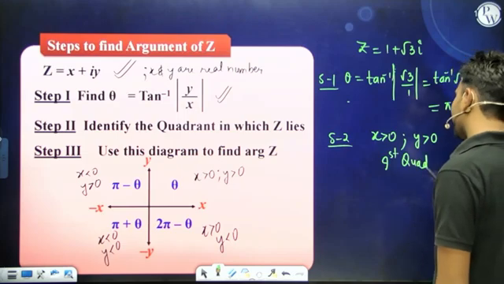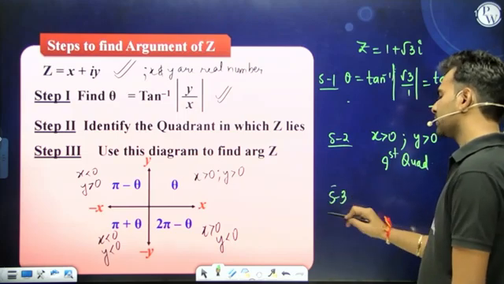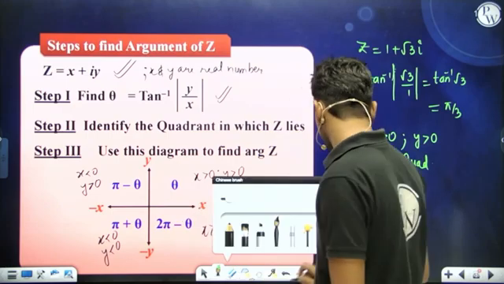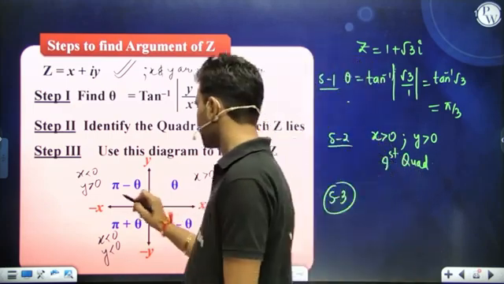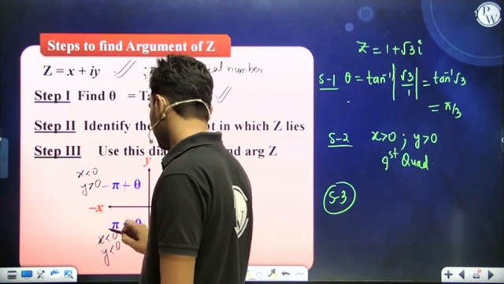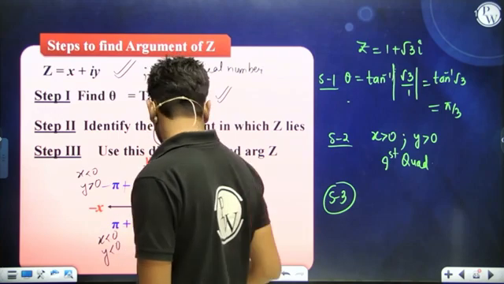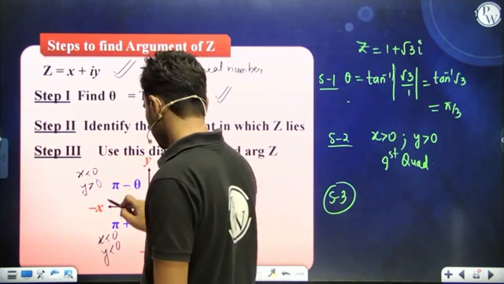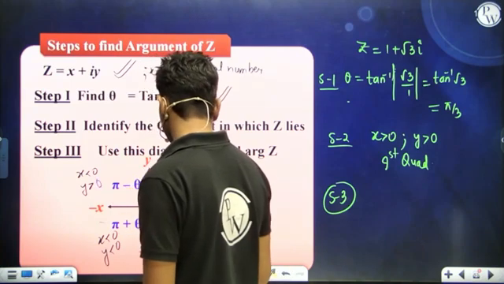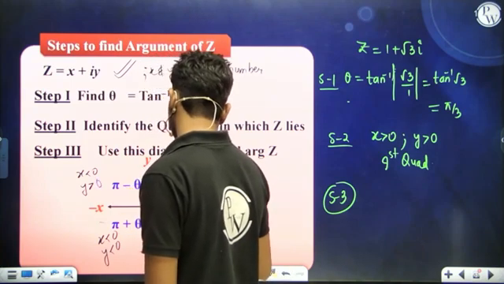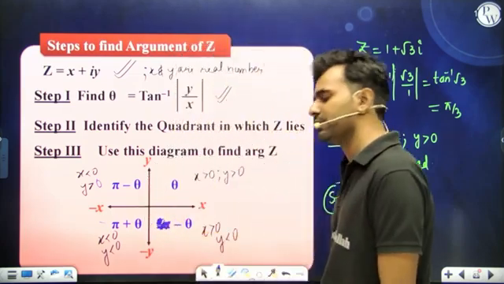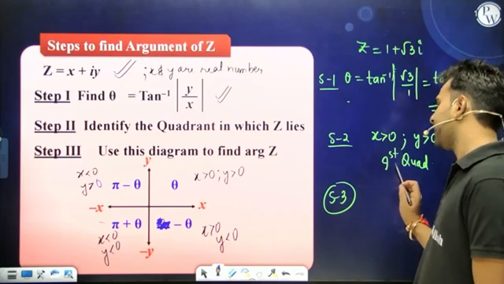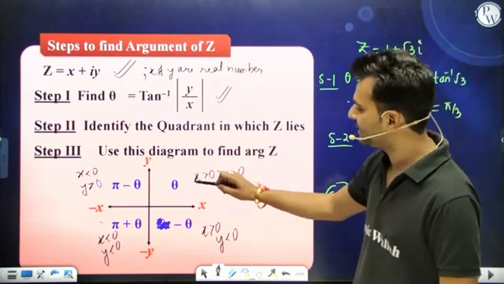Now, the moment you have identified the quadrant, these are the formulas. Let me do some correction over here. This is pi minus theta, this is minus pi plus theta, and this is minus theta only. If the complex number is lying in the first quadrant, then theta is the argument.